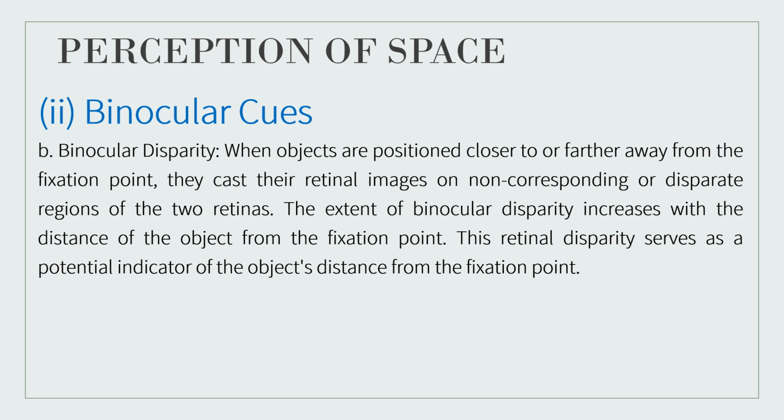This retinal disparity serves as a potential indicator of object distance from the fixation point. For example, there are two objects, and one is placed nearer to you and one is farther away. So this is binocular disparity. This is corrected by our brain, and that leads to perception of depth of the objects in space.